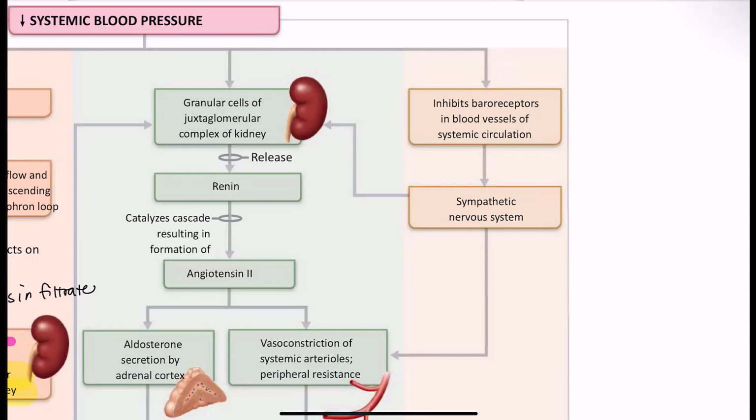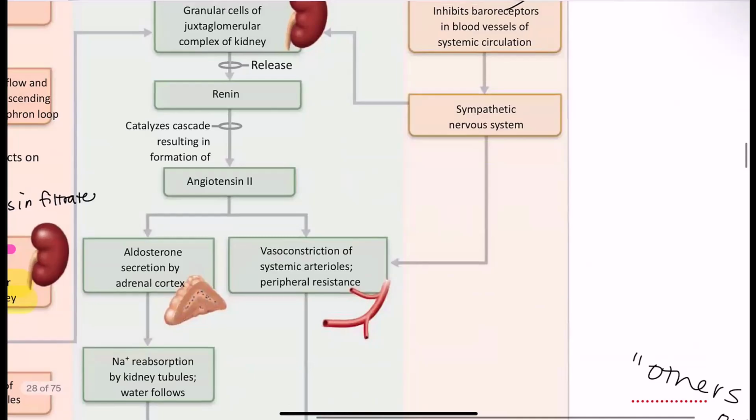Remember that we have baroreceptors. Baroreceptors sense blood pressure because baro means pressure. If those baroreceptors turn off, that activates our sympathetic nervous system. Activating our SNS is our fight or flight one. So activating our fight or flight nervous system causes vasoconstriction.